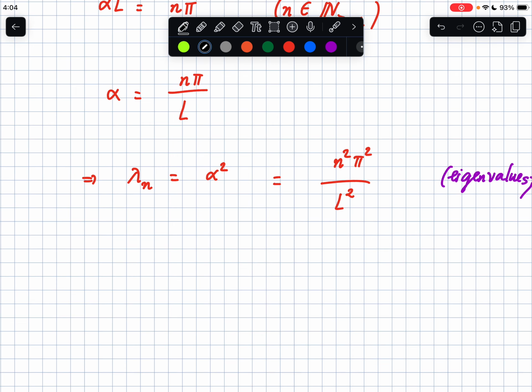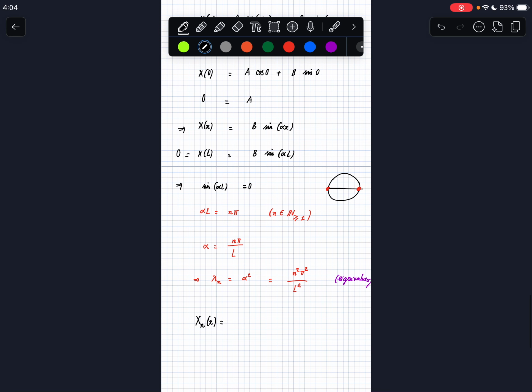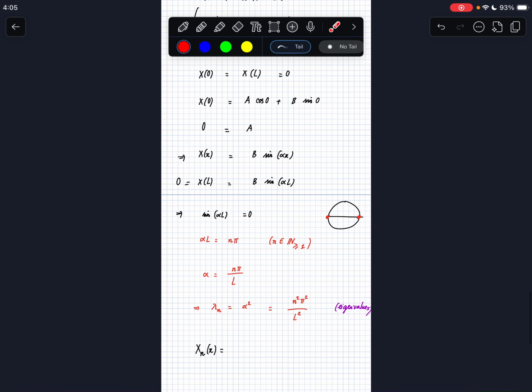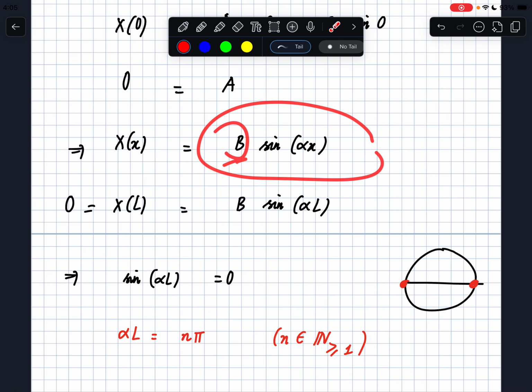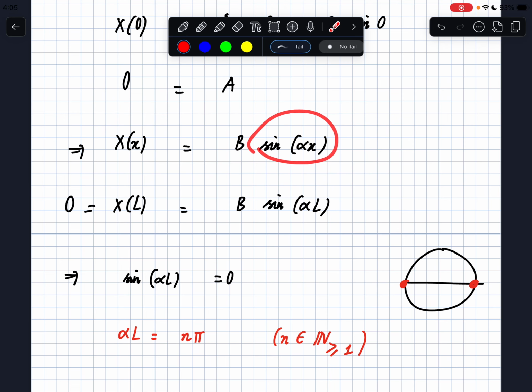And you have the eigenfunction X, let's call it Xn of x, which is sine of n pi x over L. The b is just a number, a scalar. I throw it away and just keep this function, because any scalar multiple of this one gives us another eigenfunction.